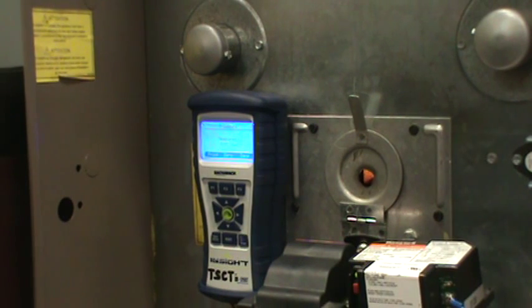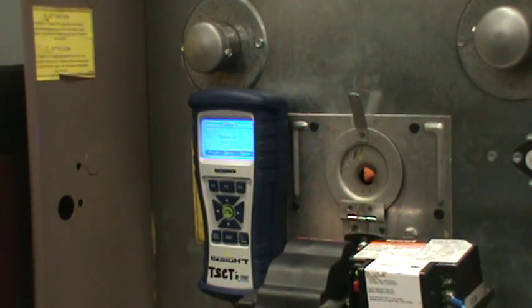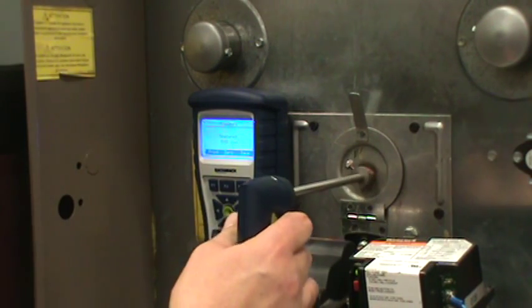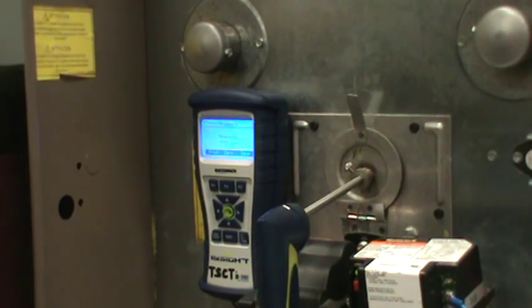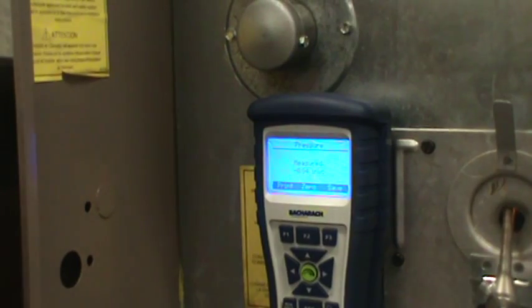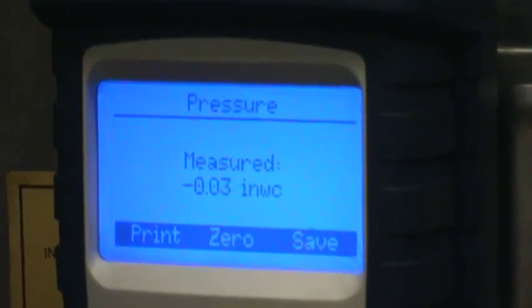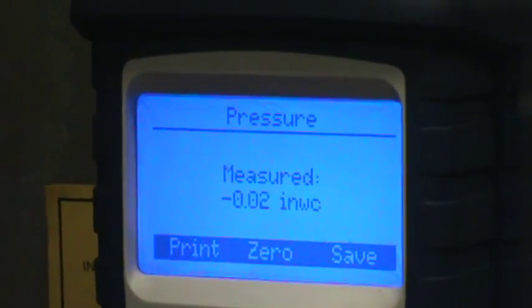Probably pretty hot. It's like somebody got carried away with the drill. But I'm going to then put it over the fire and measure my draft. Now you can see I'm reading a negative 0.03, which is a little bit too much draft.